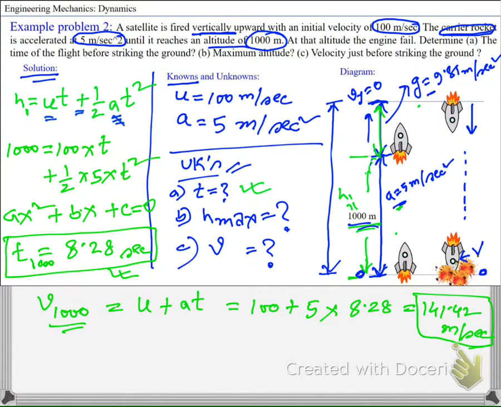So we know this height h1, and if we can find out the height or the distance from here to here, if we call it h2, if we sum up h1 and h2, we can get the total height, which is h or h max.